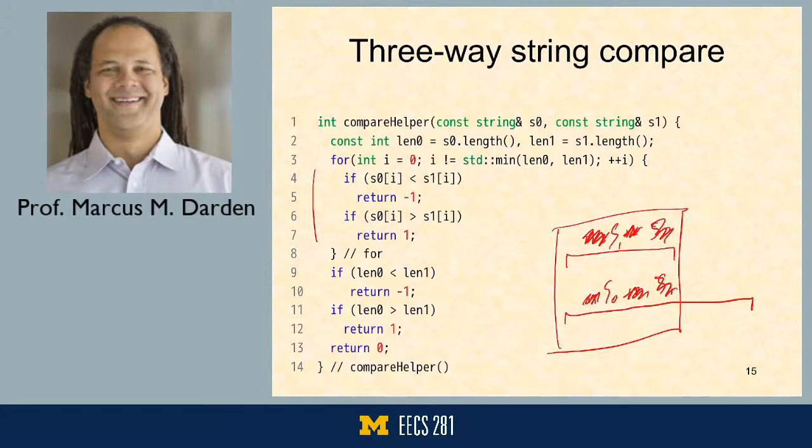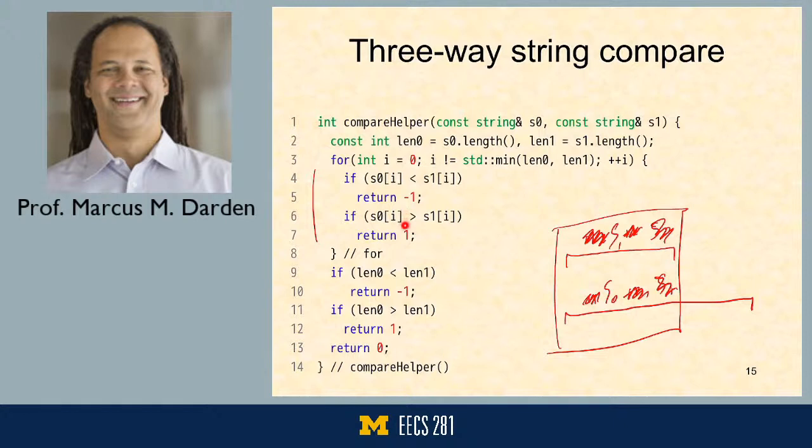The for loop handles the part where the strings have the same number of characters, up until one of those strings ends. In the comparison, if the character in string 0 is less than the character in string 1, and that's the first difference we've seen, then we can return a negative 1.